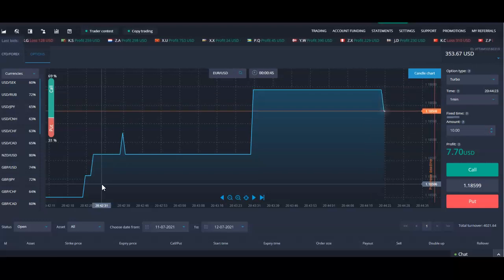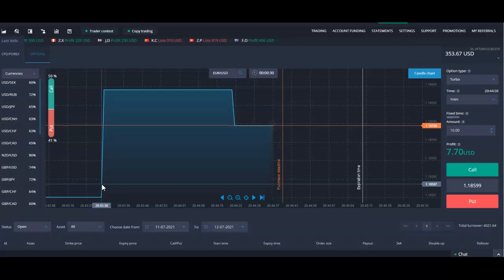The only difference is certain days, certain times. One particular broker might have a better percentage payout than the other on a certain pair. So Videforex might have USD JPY right now at 65%, excuse me. But we could log into binary cent, and binary cent might be 80% or 85%, right? So the percentages vary.